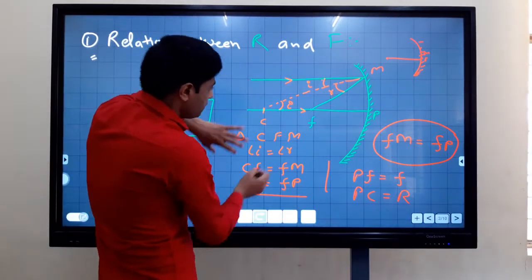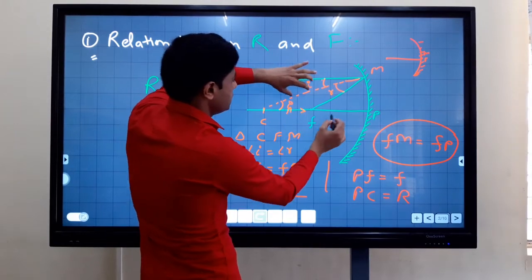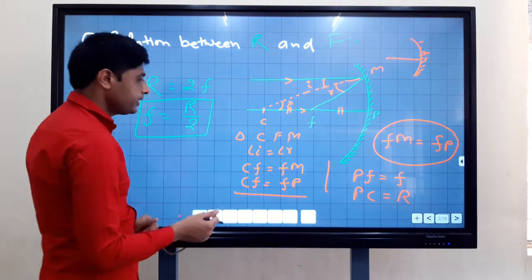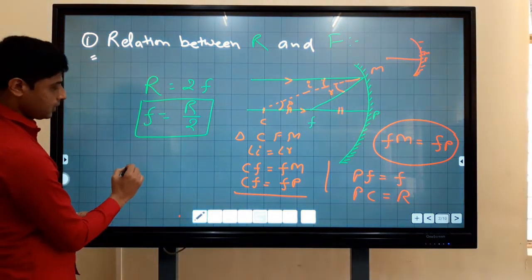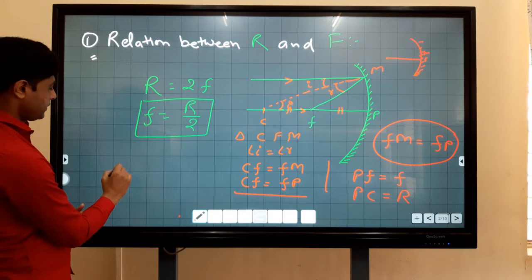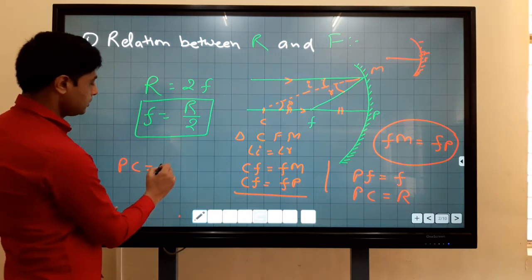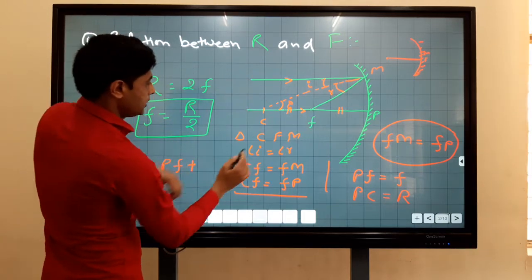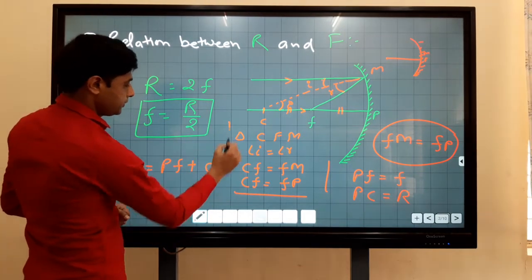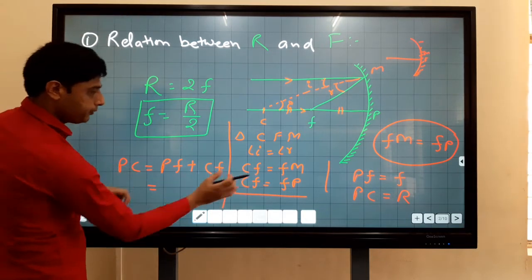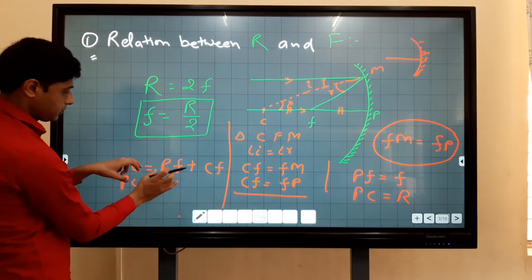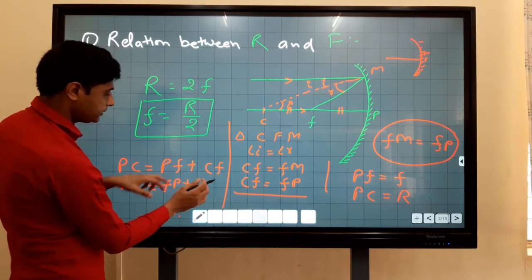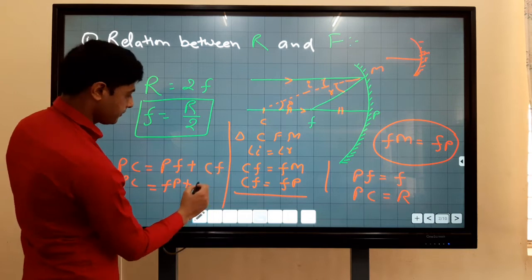And according to this statement, CF equal to FP. It means PC equal to PF and CF, and PC you can write as FP plus CF.